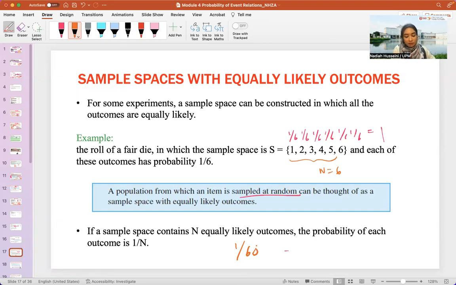What is 1/60? Let's see. 1/60 is 0.0167. So very, very unlikely, but it can happen. There's always a possibility. So always do my exercise in class.